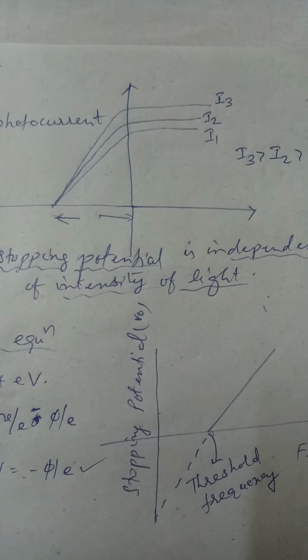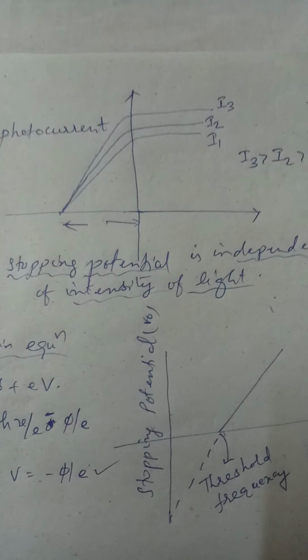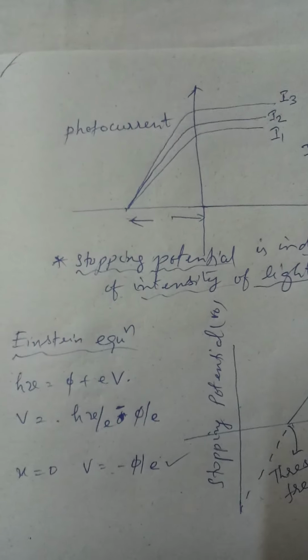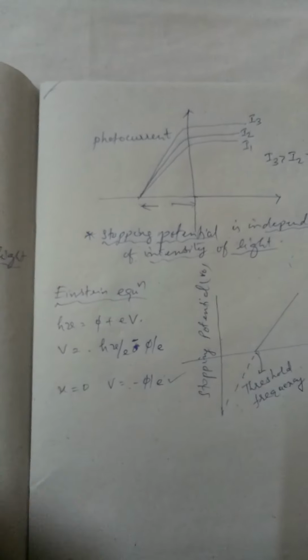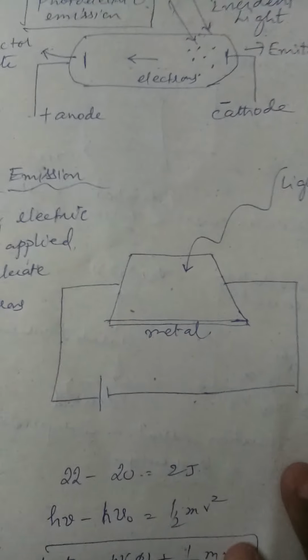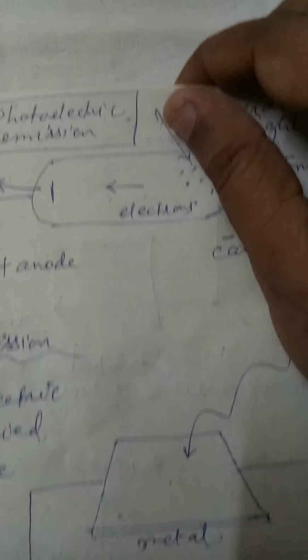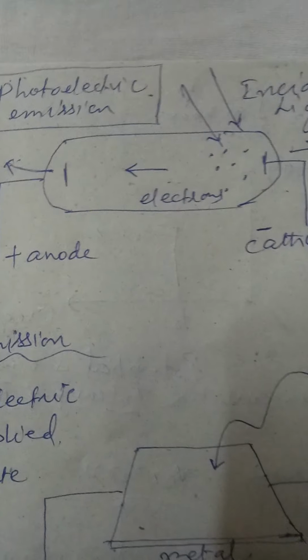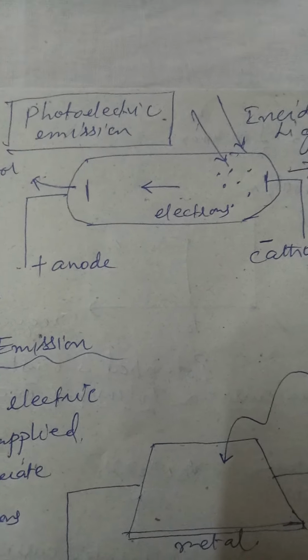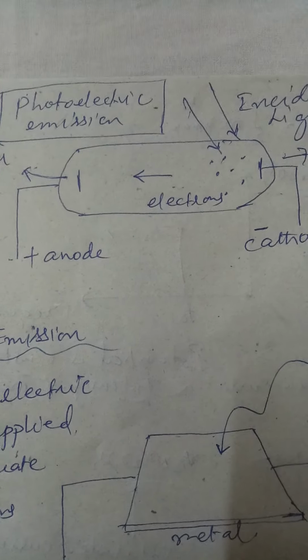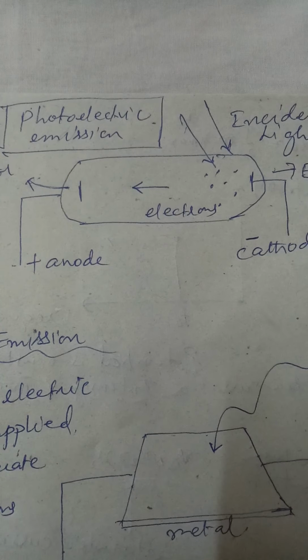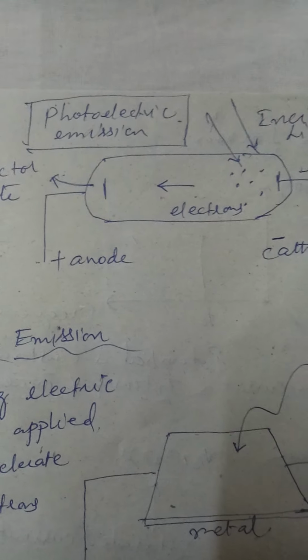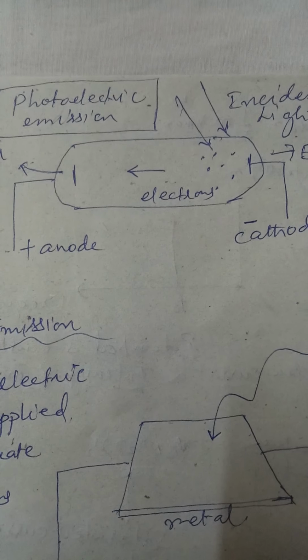Now, while having a discussion about this stopping potential in the previous page, I told you that when you change the polarity of the collector plate, a couple of electrons will still be collected in the collector plate. What about the rest? They will not be.